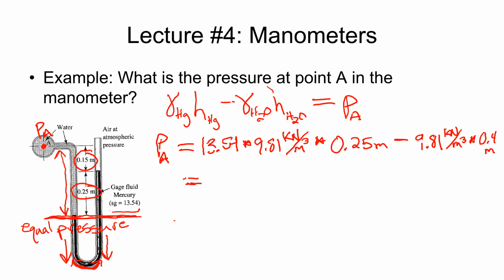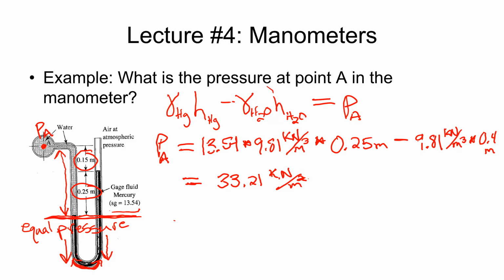If I then solve that for my mercury piece, I'm just going to do the 13.54 times 9.81 times 0.25, and I get that that's equal to 33.21 kilonewtons per meter cubed, or meter squared, excuse me. So it's kilonewtons per meter squared.